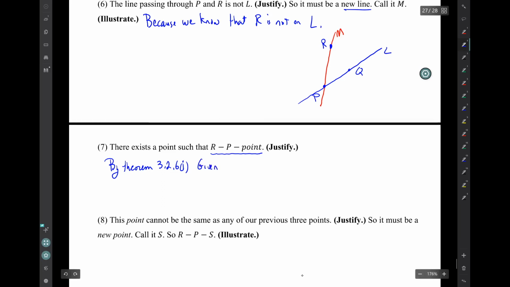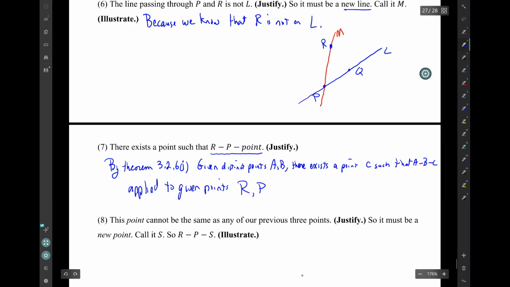Given distinct points A and B, there exists a point C such that A-B-C, such that B is between A and C. So that's what theorem 3.2.6i says. But we need to say how we're going to use it. We're going to apply it to given points R and P.